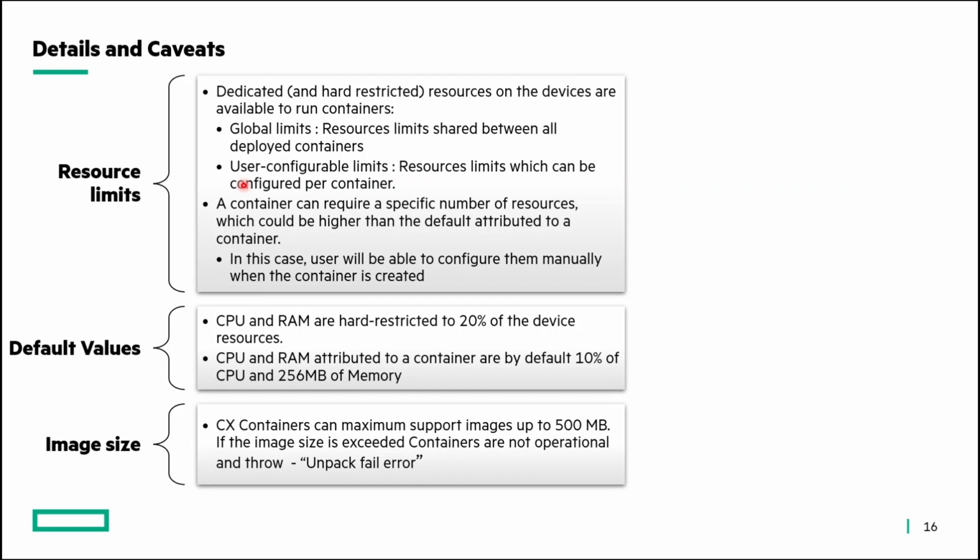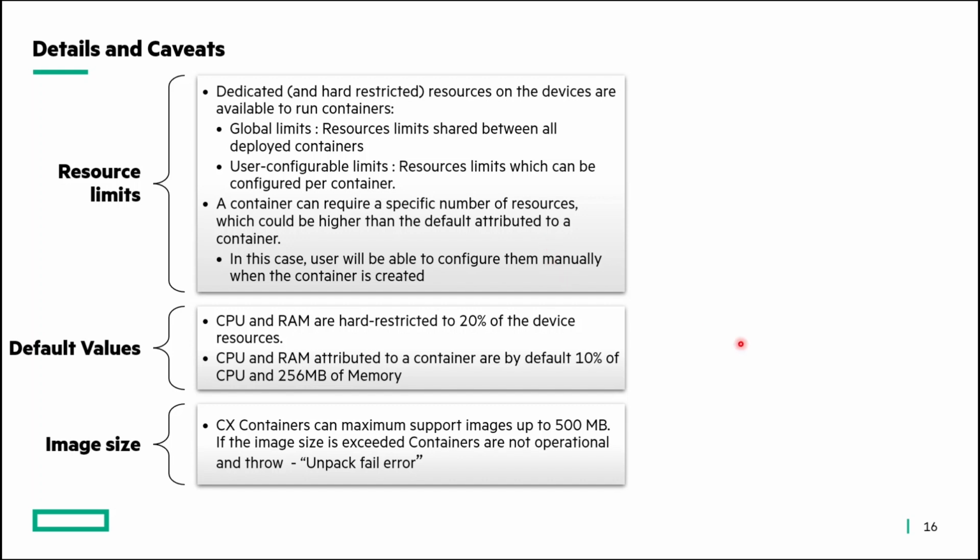Let's say if a container requires more resources than default, users can manually configure these limits during the container creation process. This flexibility ensures that the containers have necessary resources to operate efficiently without impacting the other containers on the system or the system performance.